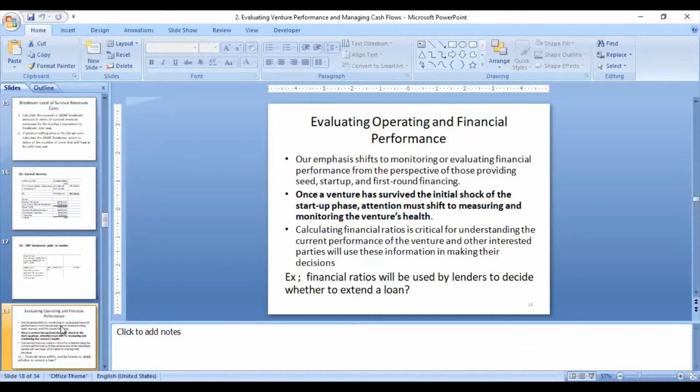When we need additional funds in the first round financing, we have to show our financial performance of the venture. So therefore, we have to calculate certain ratios in order to show the financial health of the venture or the going concern or the feasibility of this particular venture. So that ratio calculation is also very important. That is used by lenders to decide whether to extend a loan or whether to invest or not. To decide that, they have to look at these ratios and this kind of information.